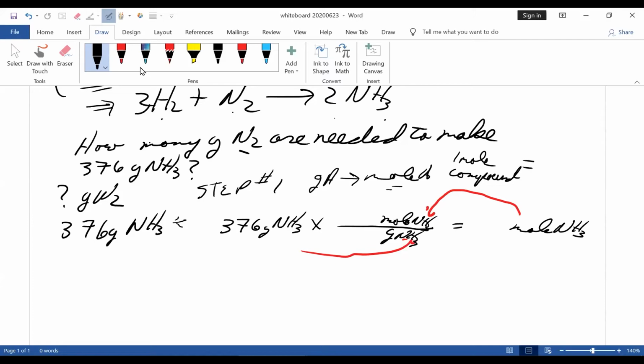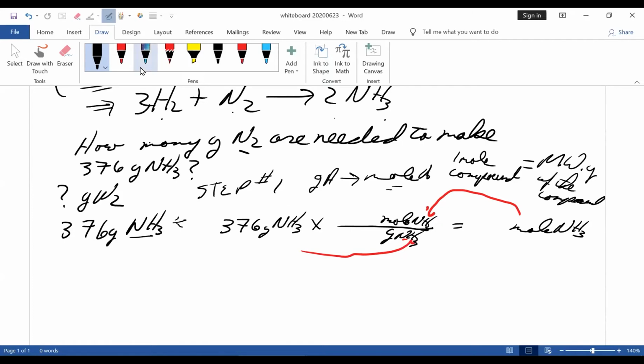One mole of a compound equals its molecular weight, MW, in grams of the compound. And the molecular weight is the sum of all atomic weights.